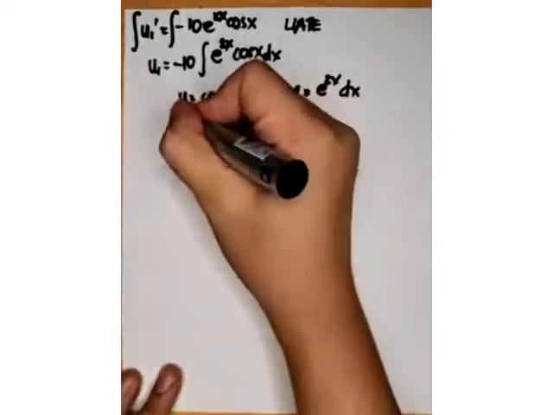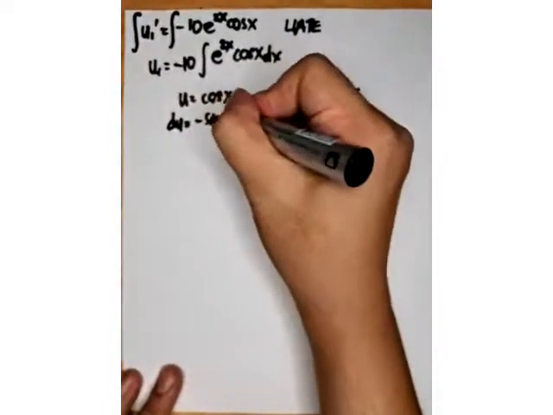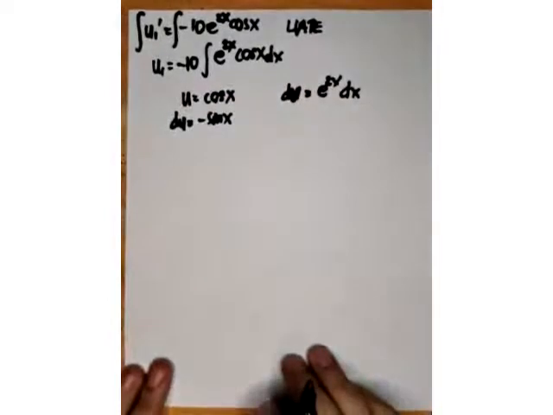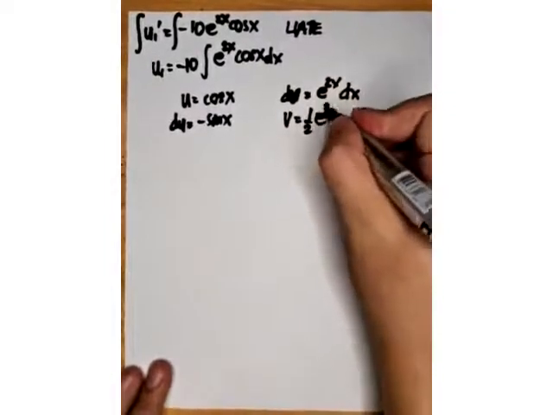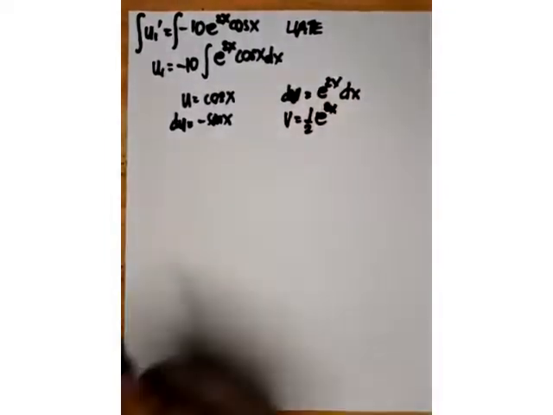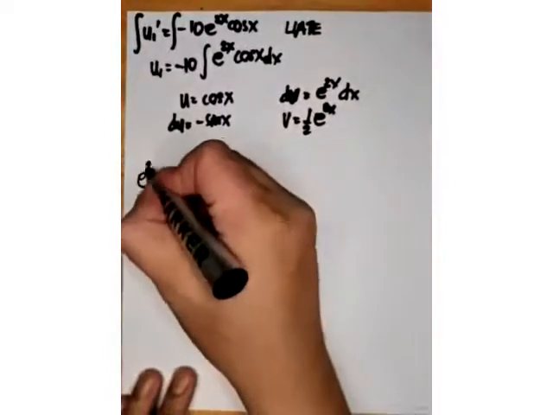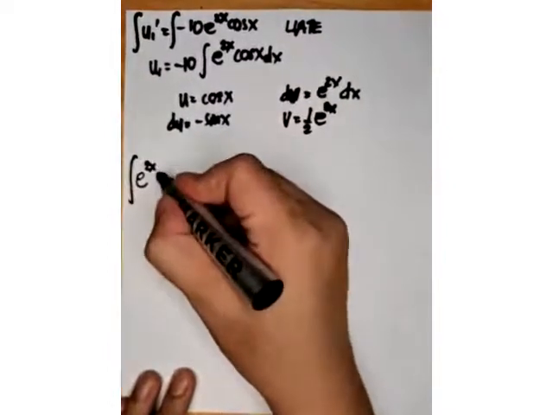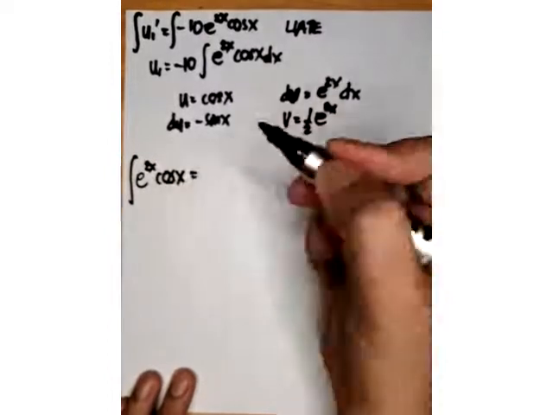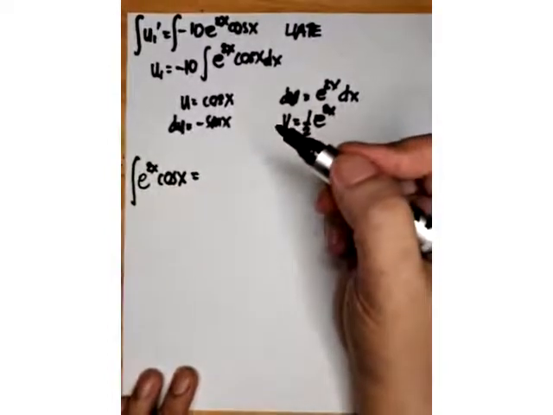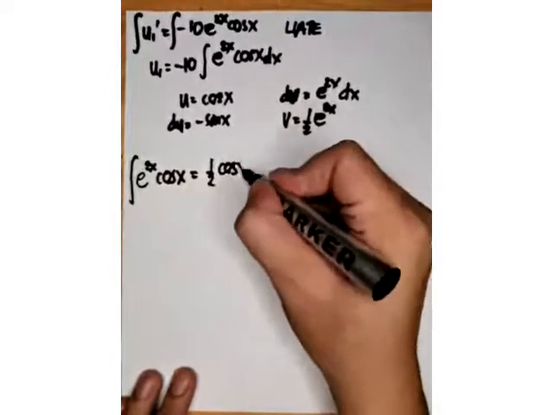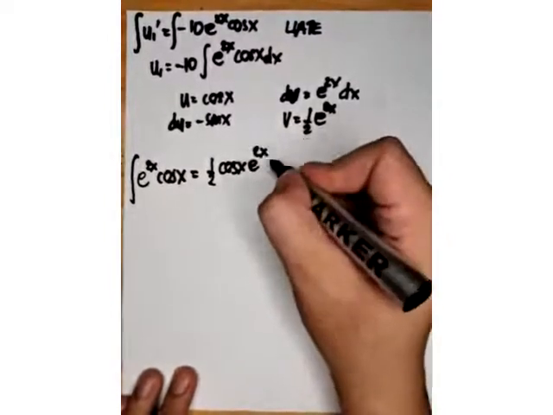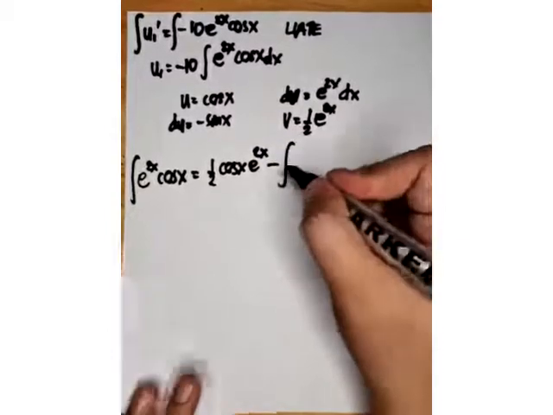Okay, so derive natin to. So, du is negative sine x. And then v is equal to 1/2 e raised to 2x. So the integral of e raised to 2x cosine x is equal to uv, so 1/2 cosine x e raised to 2x minus the integral of v du.